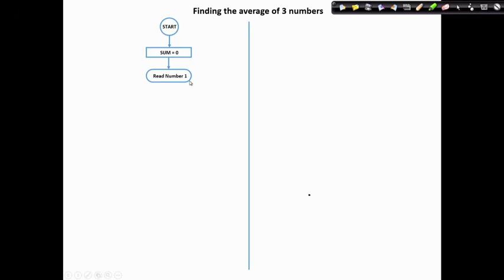Now, here I would like to state a few things, that is, say flowchart has got some basic fundamental elements. This one you have already seen, that is a start symbol. Okay. Now, this figure is known as oblong.